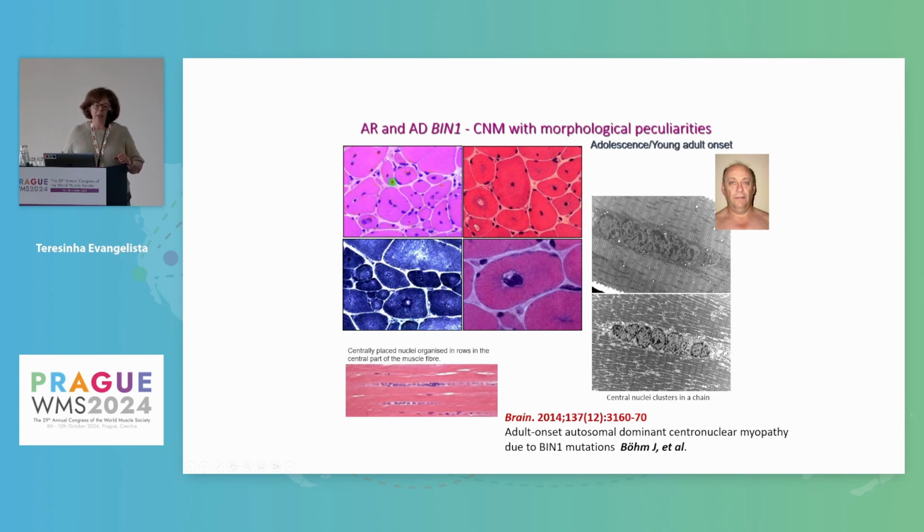This is a particular form, a centronuclear myopathy with mutations in BIN1. And you see the gentleman, he was not so young at the time. When we see this type of change, it can allow us to give some information to the genetics, that they should probably go and check BIN1 for a mutation.